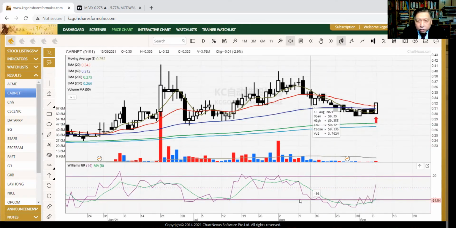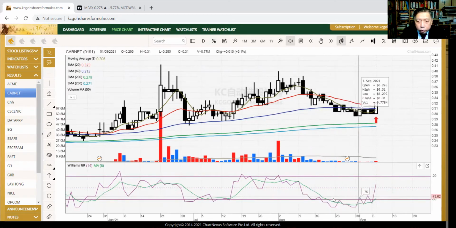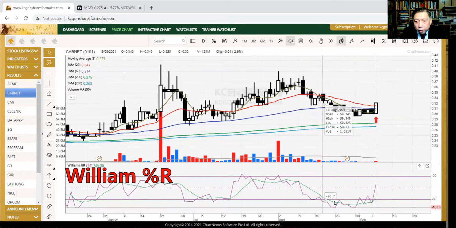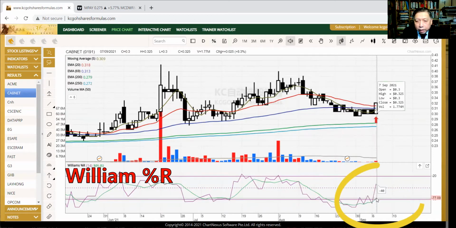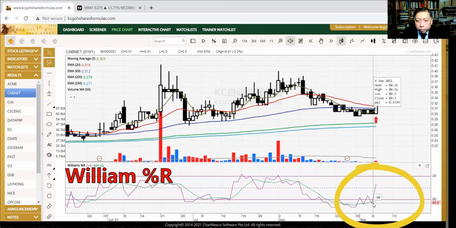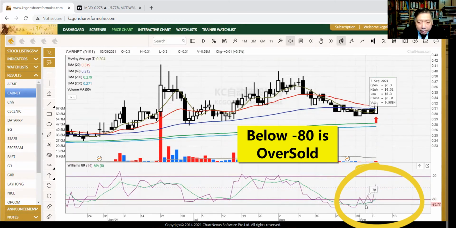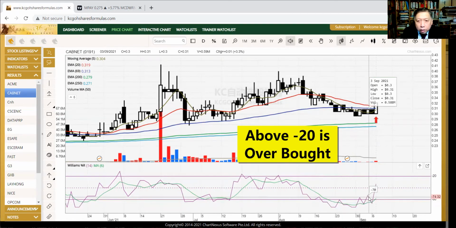The Williams Percentage R is the indicator shown in the bottom window, and it was moving sideways. Then today it just showed up from the bottom. Below minus 80 is the oversold level, and above minus 20 is the overbought level.